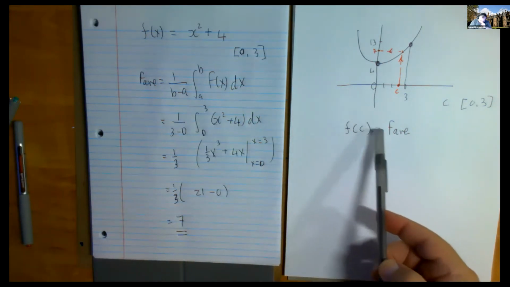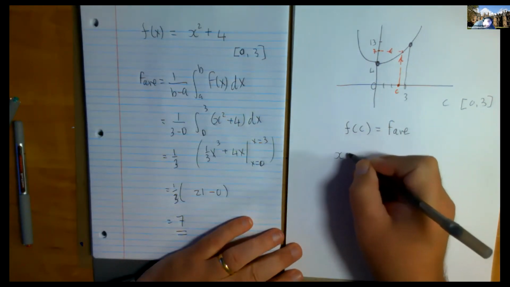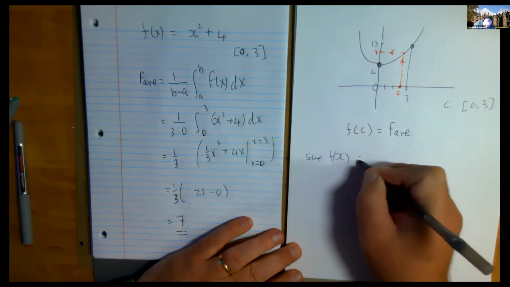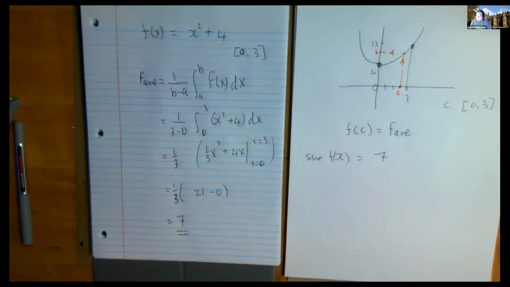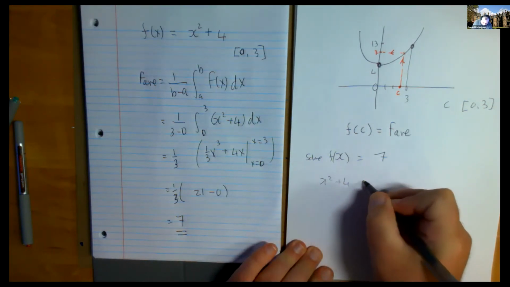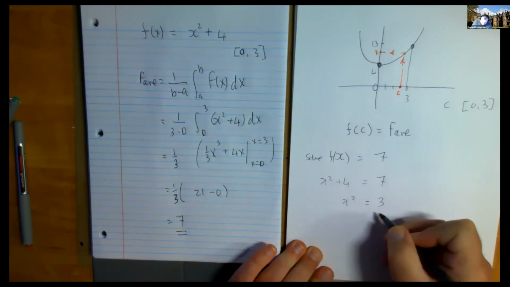So how do we solve this issue then? Well, if you think of this as solving f of x equals 7, then that's really what you're doing. So we're trying to solve when this function equals 7. Subtract 4 from both sides.